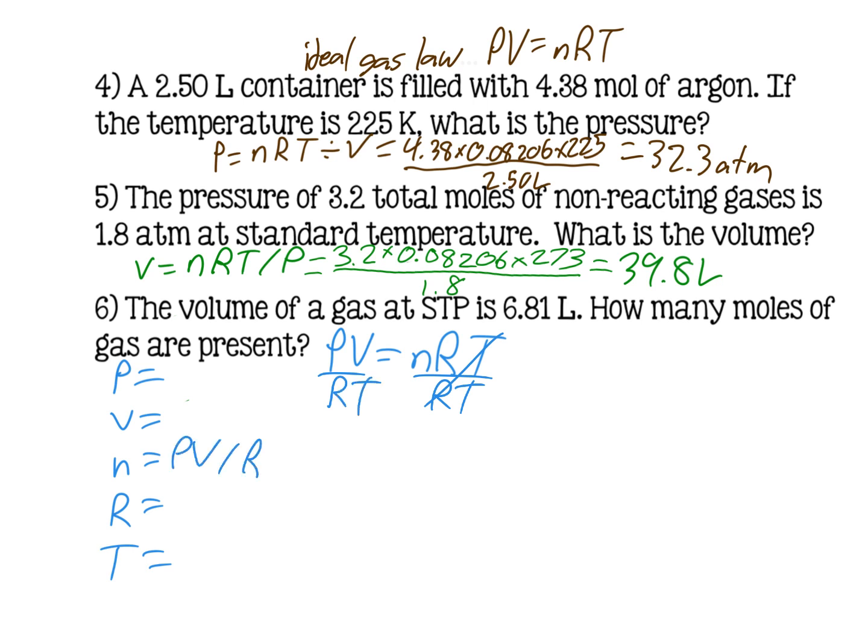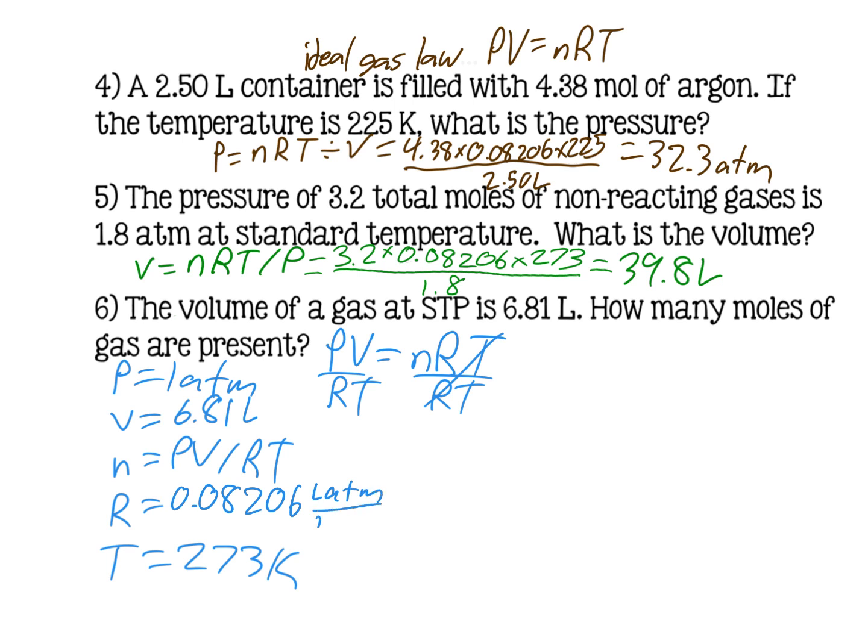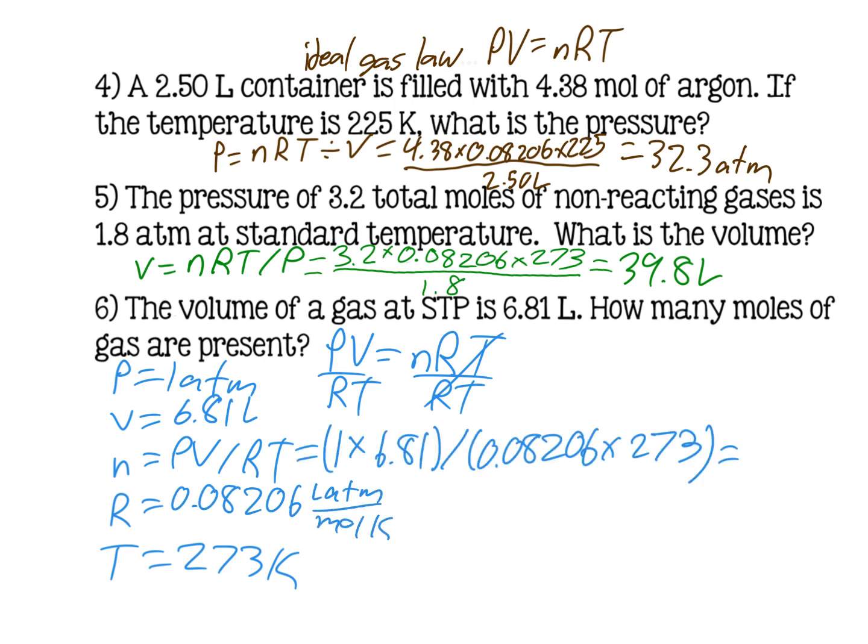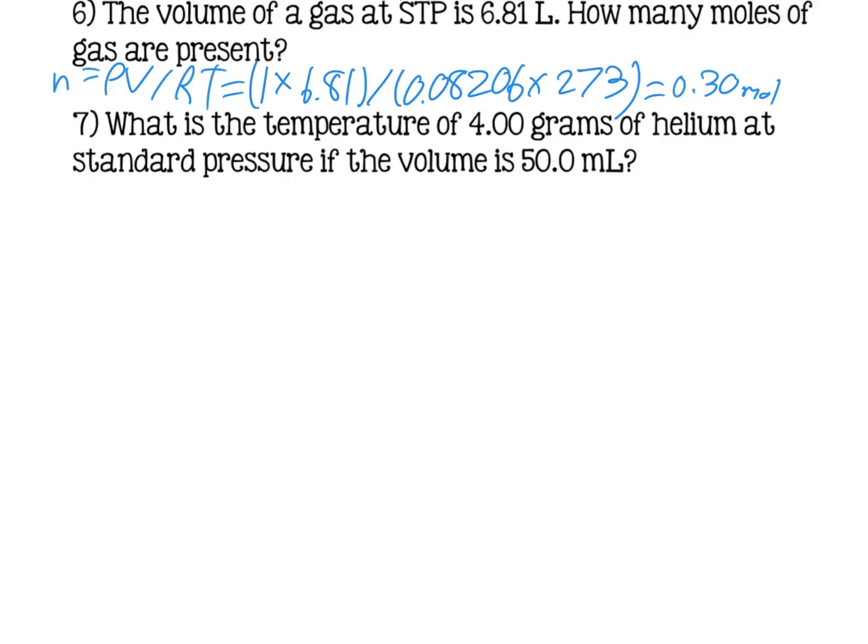The standard pressure is 1 atmosphere, and the standard temperature is 273 Kelvin. Our volume is 6.81 liters, and the gas constant is always 0.08206 liter atmospheres per mole Kelvin. Plug all of this into your equation and you will get 0.30 moles of gas.